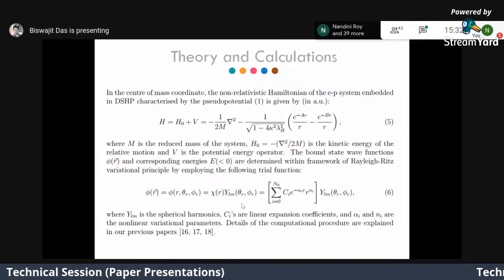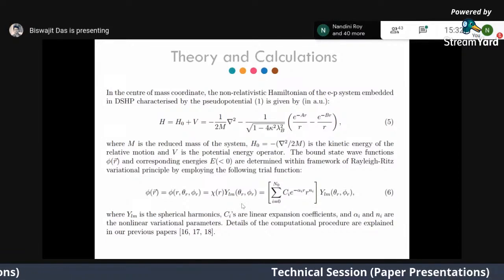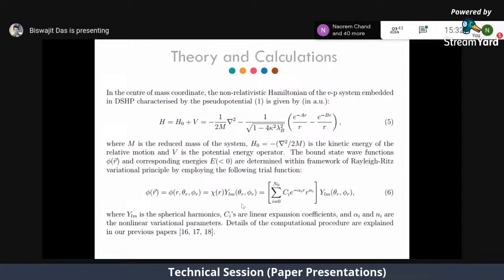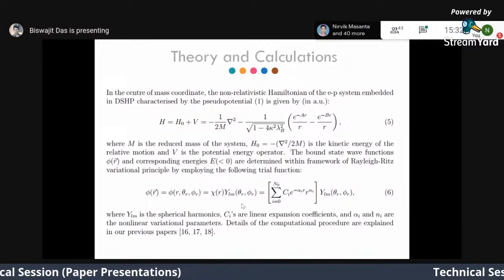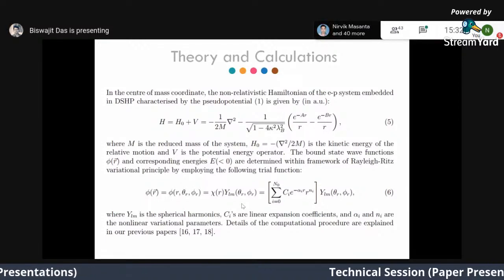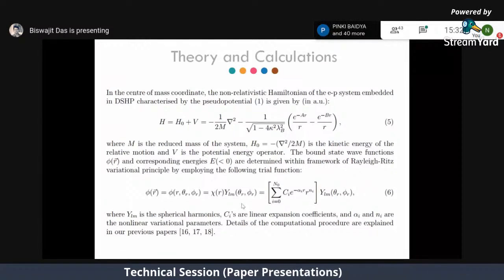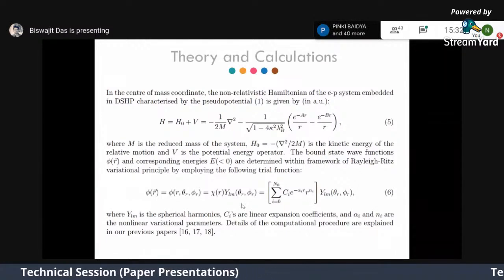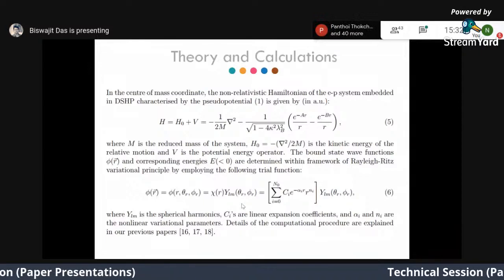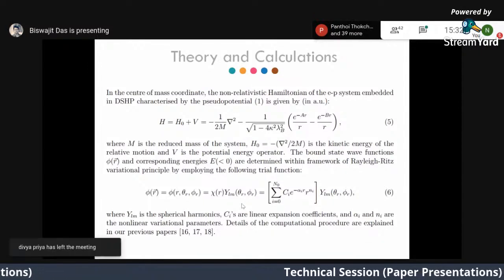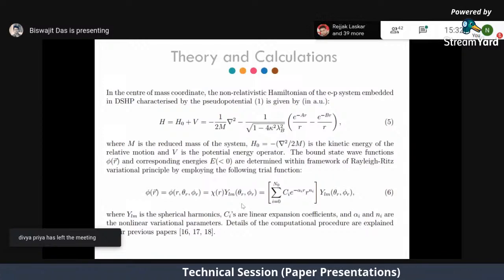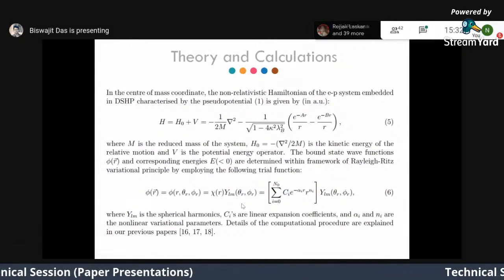Now, briefly discuss the theory and calculation part of this work. In the center of mass coordinate, the non-relativistic Hamiltonian of the electron-proton system in dense semiclassical hydrogen plasma is given by equation 5, where m is the reduced mass of the system, H0 is the kinetic energy of the relative motion and V is the potential energy operator.